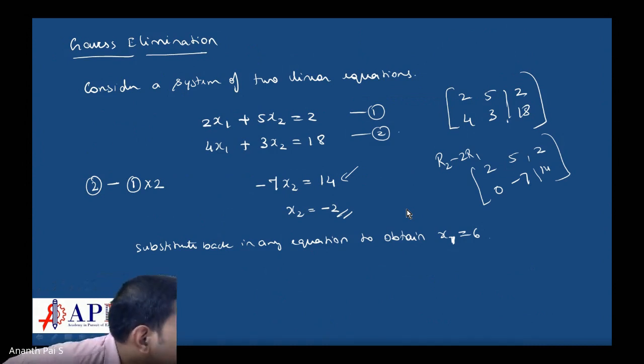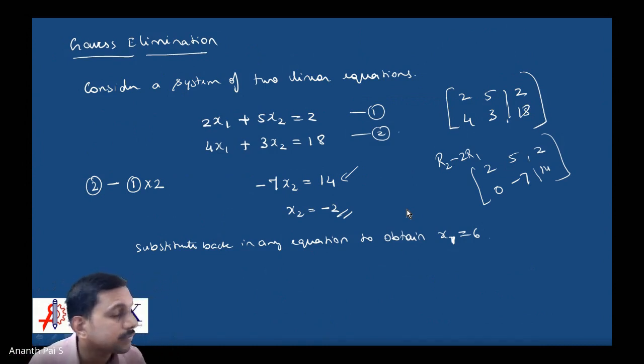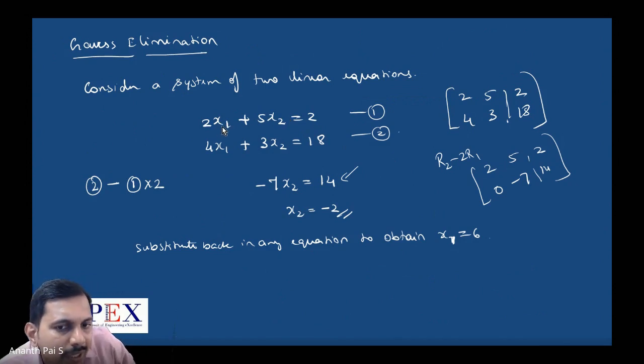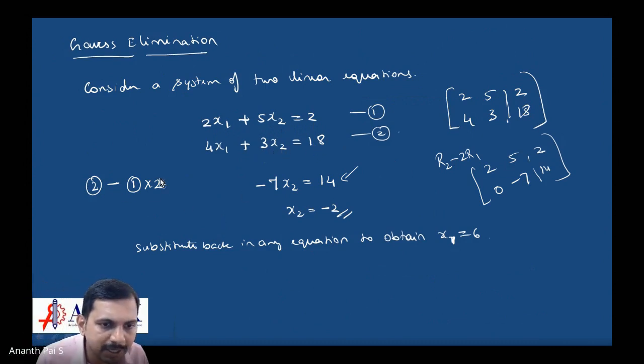Now let us see how to solve a system of two linear equations. This is what we used to do, and the same thing is Gauss elimination. What do we do? If you have 2x1 minus 5x2 is equal to 2, and 4x1 plus 3x2 is equal to 18, what do we do generally? We multiply the first equation by 2.